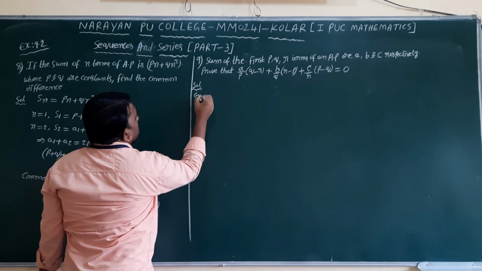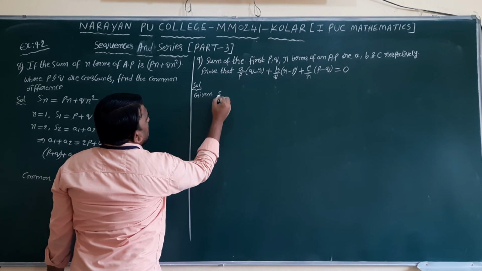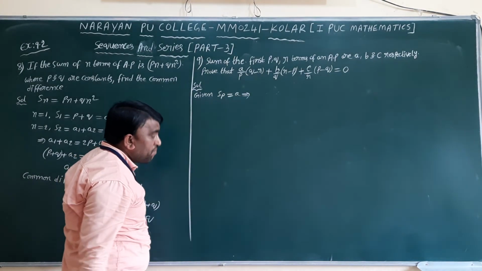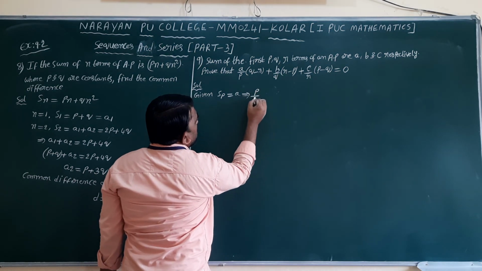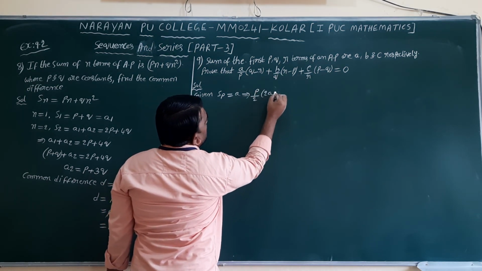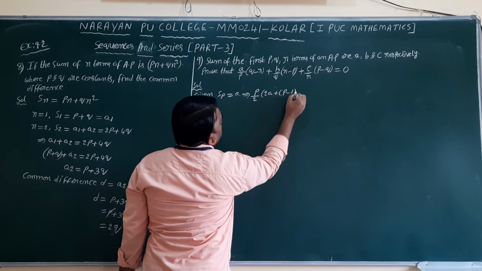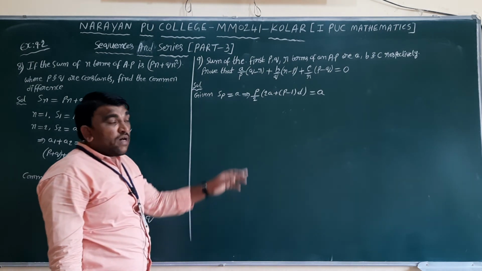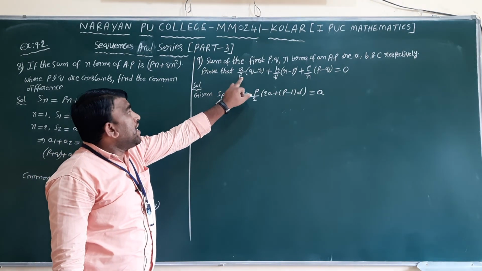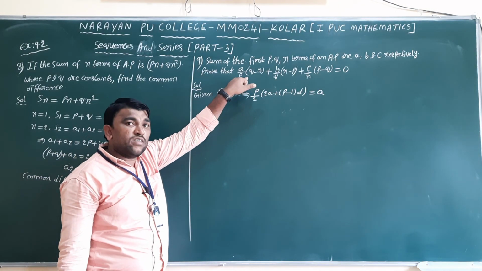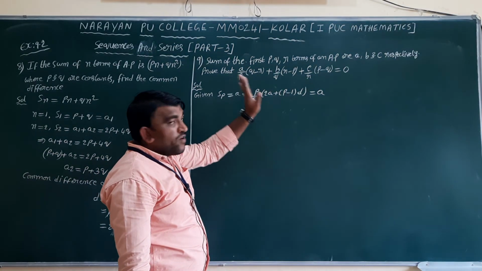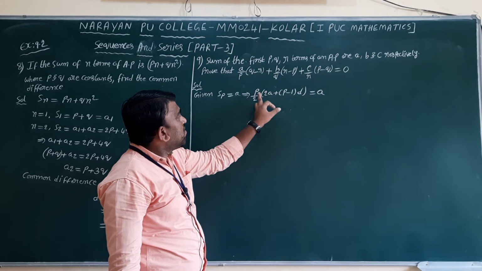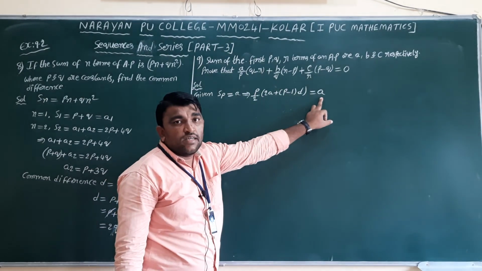So given SP equal to A implies, sum of P terms formula, P by 2 into 2A plus P minus 1 into D is equal to A. But while observing the left side, A by P into Q minus R is there. A by P, if we know that value, we can multiply with Q minus R. For that, from this, P value, send to the right side.